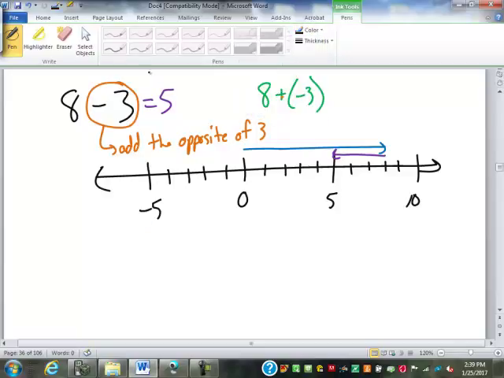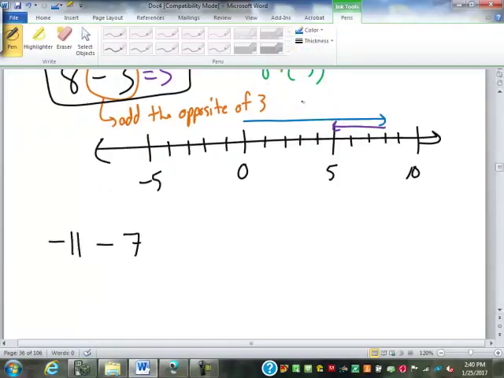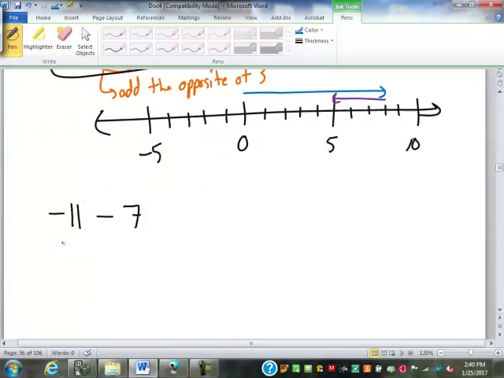Well, if both numbers are positive, like 8 minus 3, we can just go ahead and subtract because we know how to subtract. It's when one of the numbers is negative that we have difficulties. So if we have negative 11 minus 7, that's going to be a little trickier to do unless we change it to addition. The first number never changes. That stays negative 11. It's the minus 7 that becomes plus.